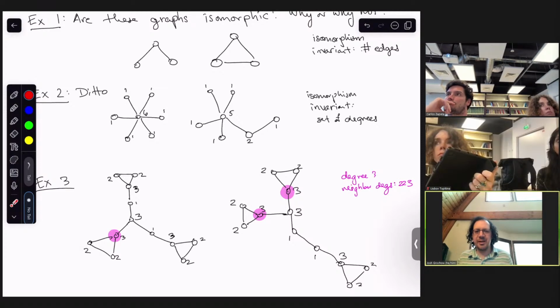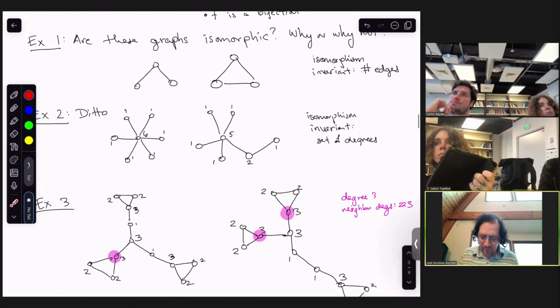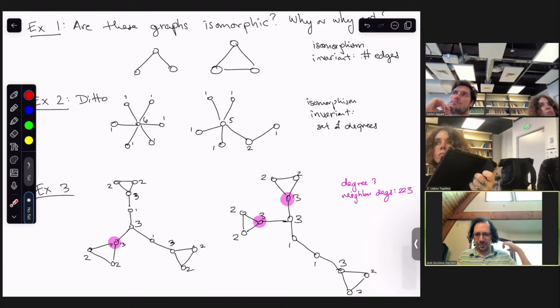So I didn't quite have to go to motifs or subgraphs. You could, but you didn't actually have to. You just had to pay attention to a little bit more information about the degrees. And this leads us to the Weisfeiler-Leman algorithm.